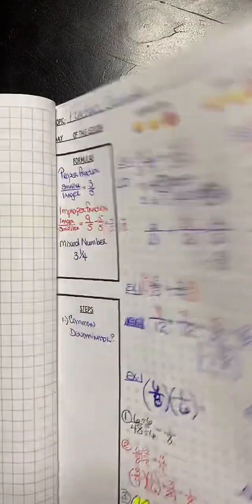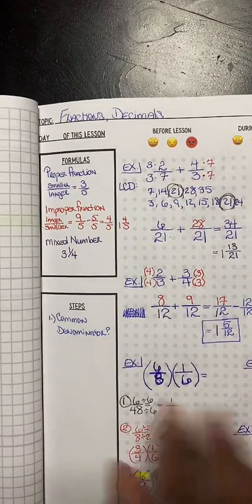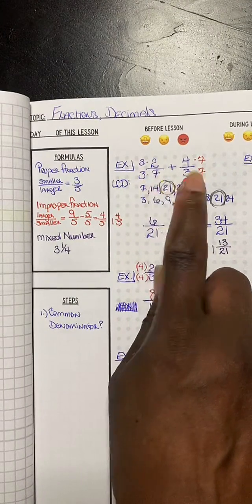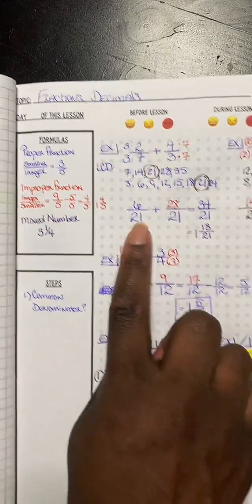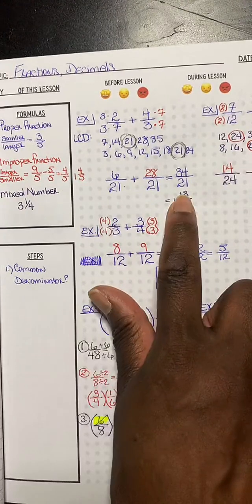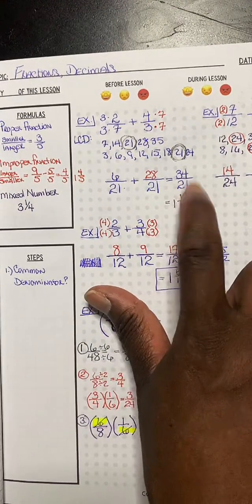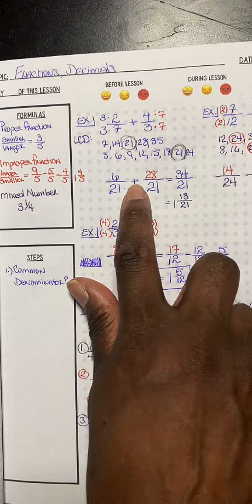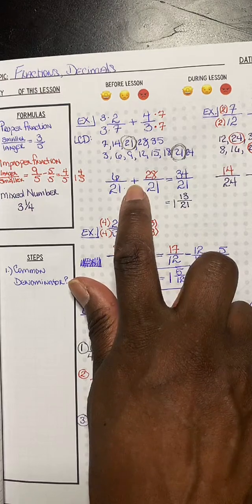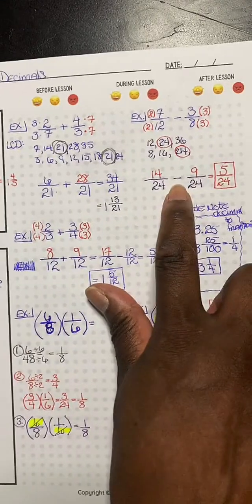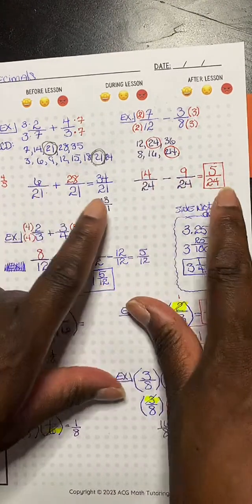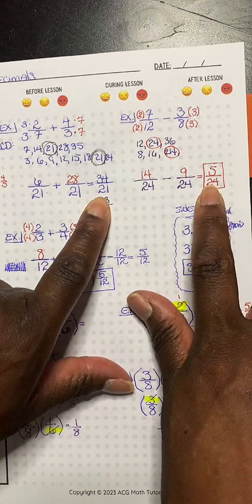So again, we worked on fractions with a common denominator, okay? We need to have a common denominator before we do anything. And then when you add your fractions, you don't do anything to the denominator, okay? You just carry it over. Your operation, if it's adding or subtracting, you just add or subtract the numerators, okay? Keep the denominator.